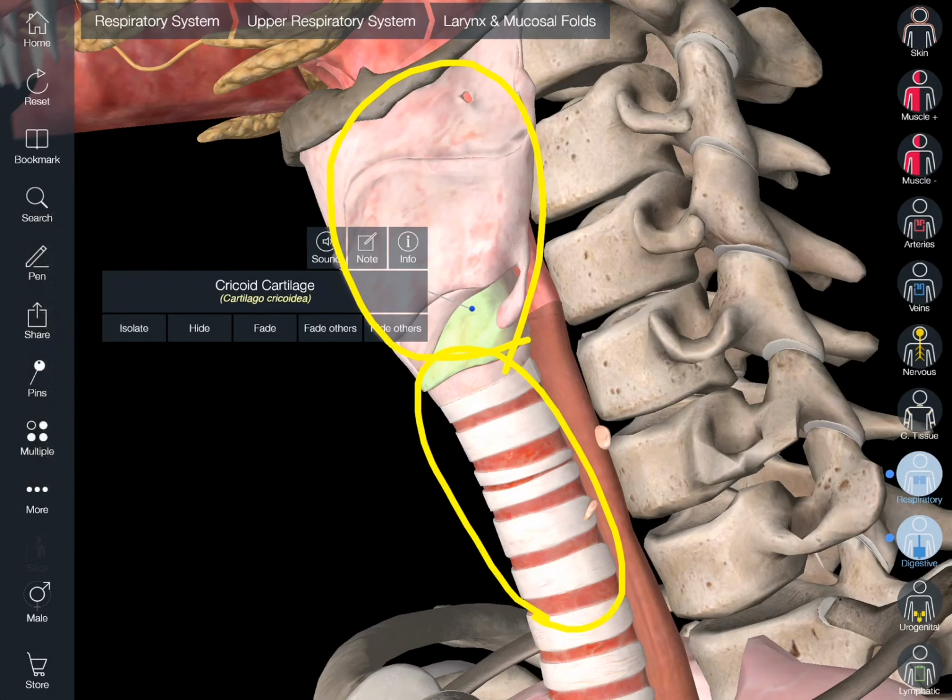It is also at the level of the junction of the pharynx and the esophagus, and now it also stands at the level of the middle cervical sympathetic ganglion.